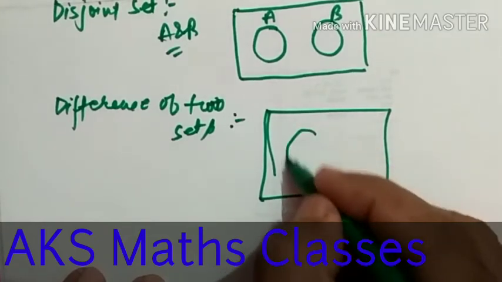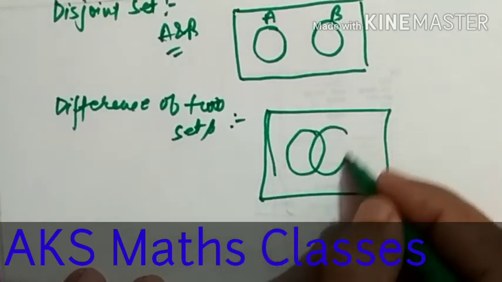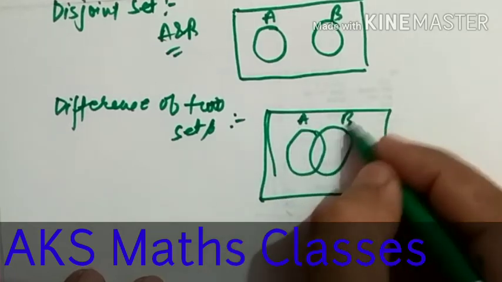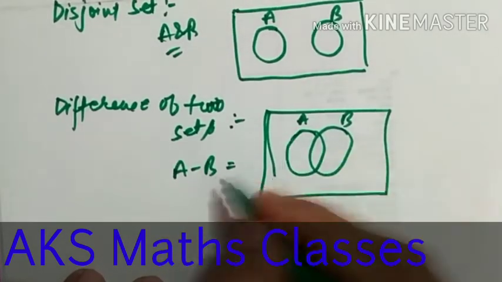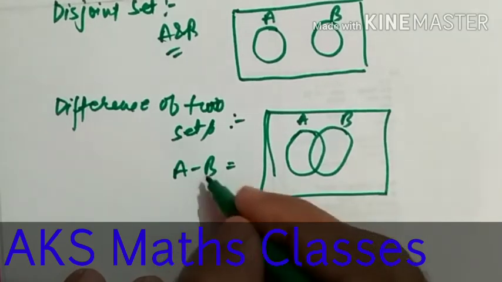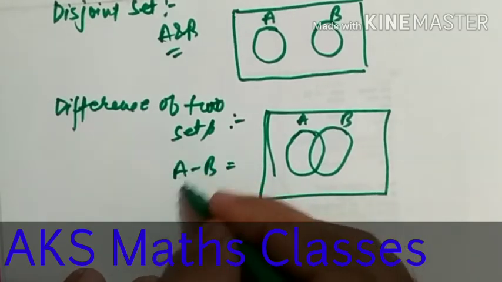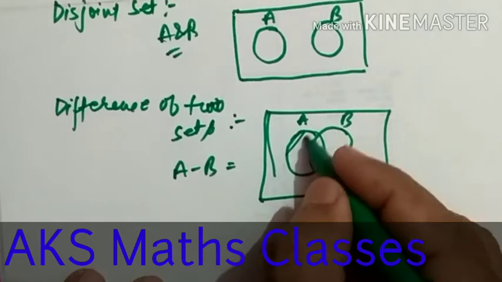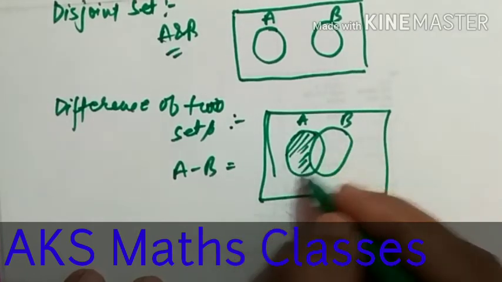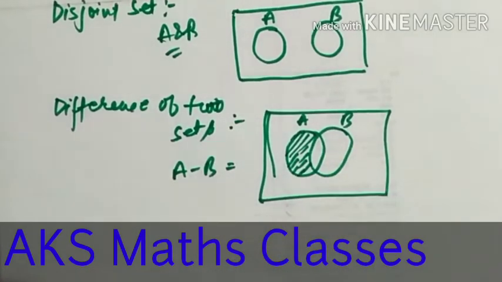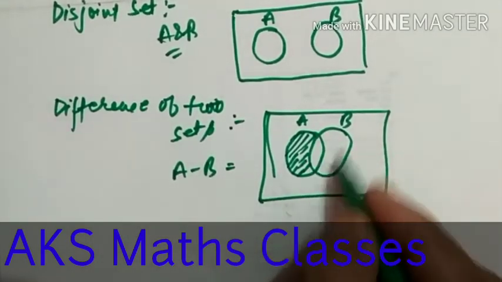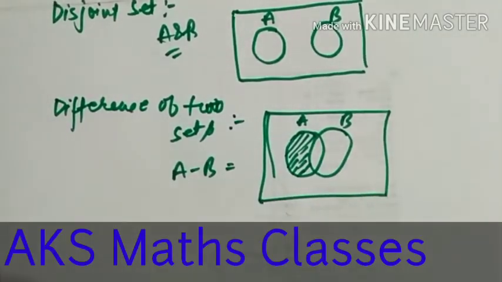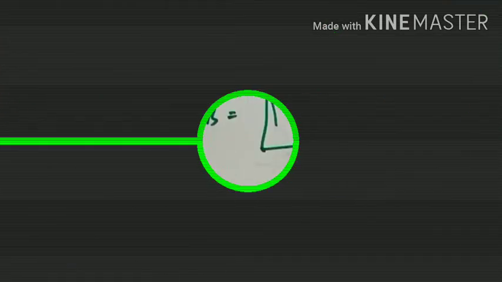Suppose this is set A and this is set B. For the difference, A minus B, since B is subtracted from A, the left element of A will be represented here. So we will show this one as this. Is it clear? And if B minus A, then the part of B will be left here only. Now clear?